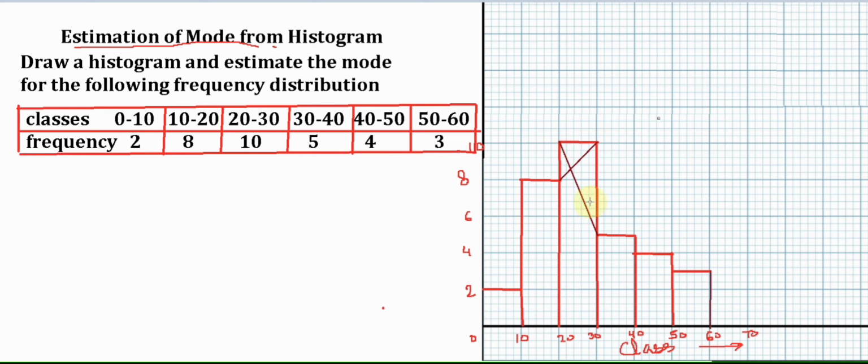Now from this point I need to draw a straight line down. Now here you can see that on 23 we have our mode. This point is 23 here, so our mode will be 23. This is how we need to draw the histogram and find the mode.